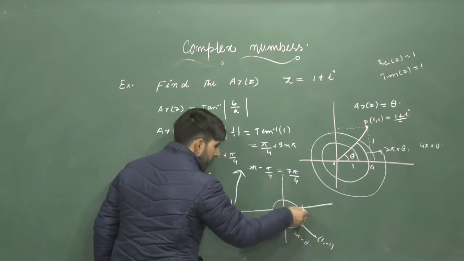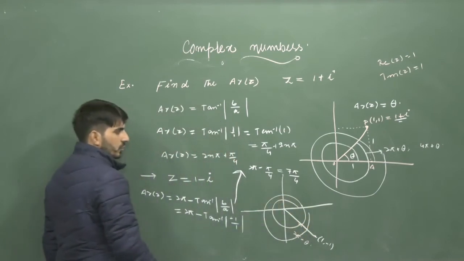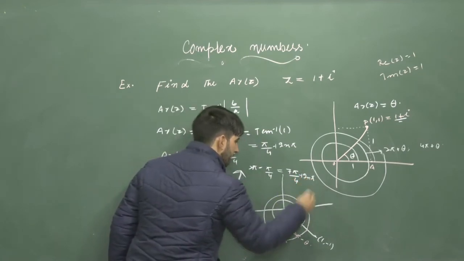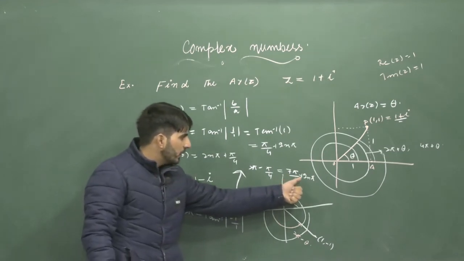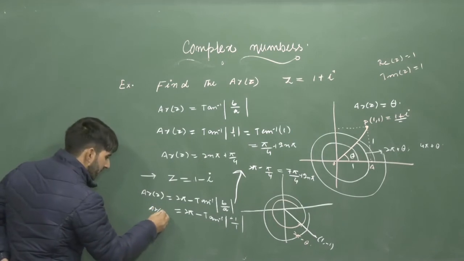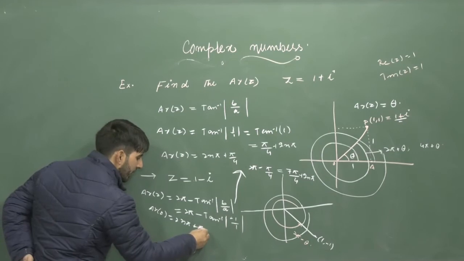This angle may also be the argument of this complex number. So, we can add here 2n pi. Argument of this complex number is 2n pi plus 7 pi by 4.